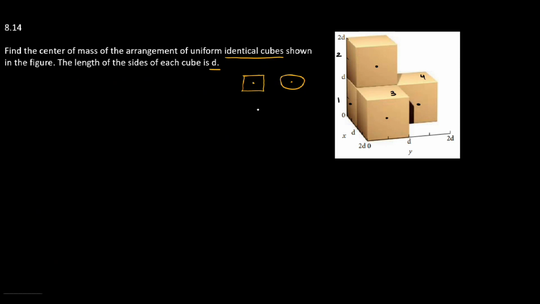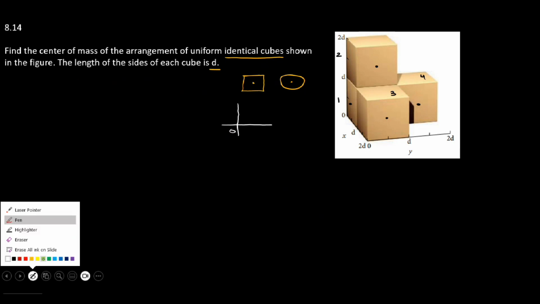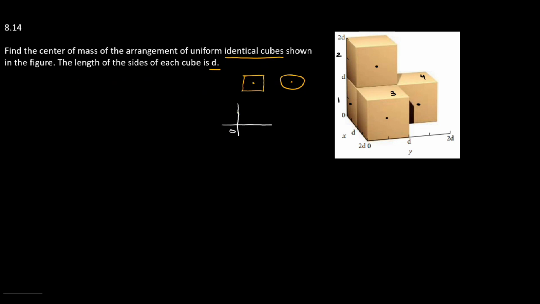Now if you have an object that is placed at the origin, like how cube 1 is placed here, let me draw the coordinate axis with 0, and a symmetrical object with uniform mass distribution placed at the origin. Let L be the length of the object. We start from 0, and this will be the length L. And let the height be h.